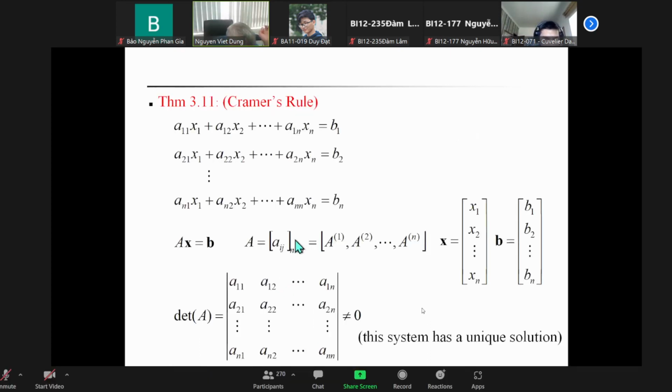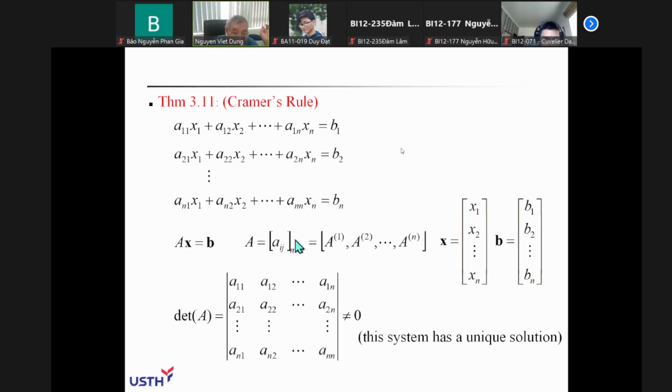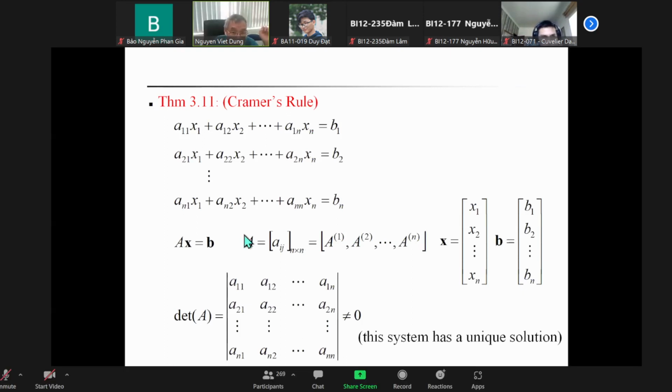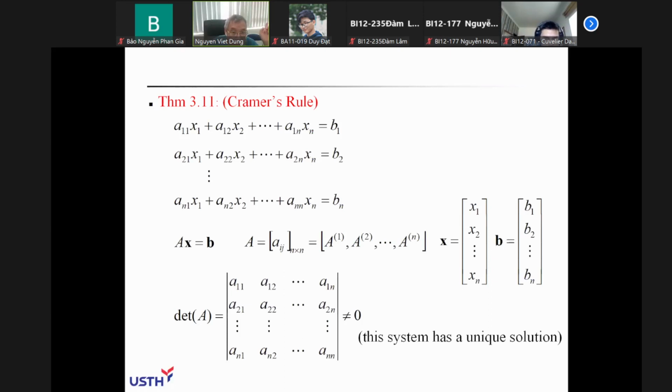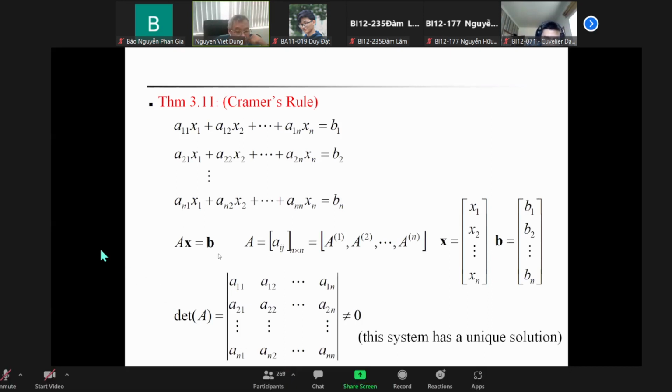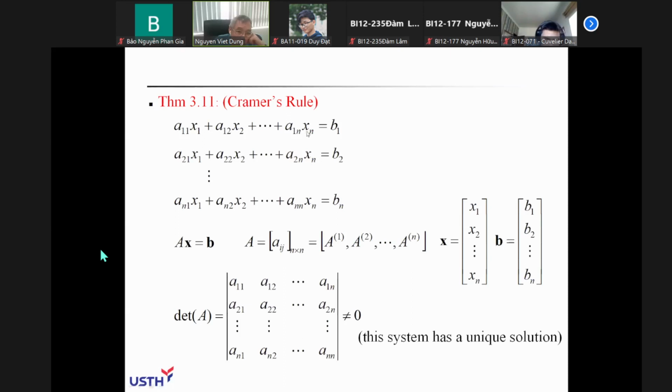The next application of determinant is something about Cramer's rule. Last week, I told you already that Cramer's rule says that if we have a system of n equations and n variables like that one, and if you write it in the matrix format like that, Ax equals b, and if the determinant of A is non-zero, then the system must have a unique solution.